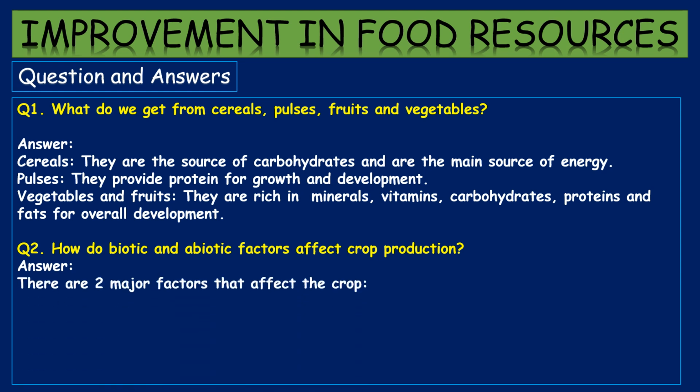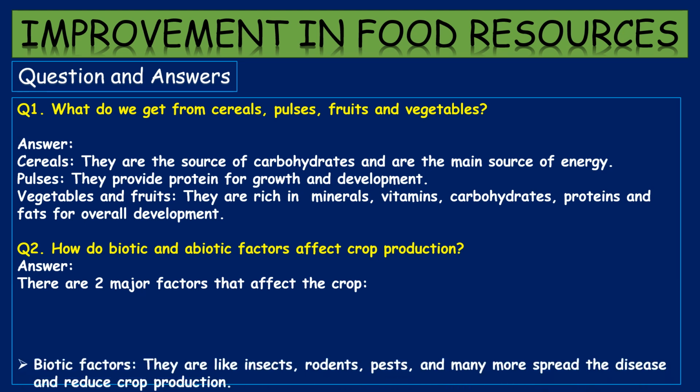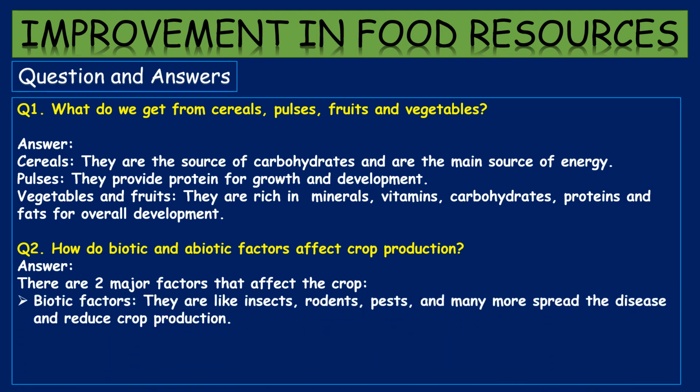There are two major factors that affect the crop. One is biotic factors. These are like insects, rodents. Rodents means like a rat. These are rodents, pests and many more that spread disease and reduce crop production.